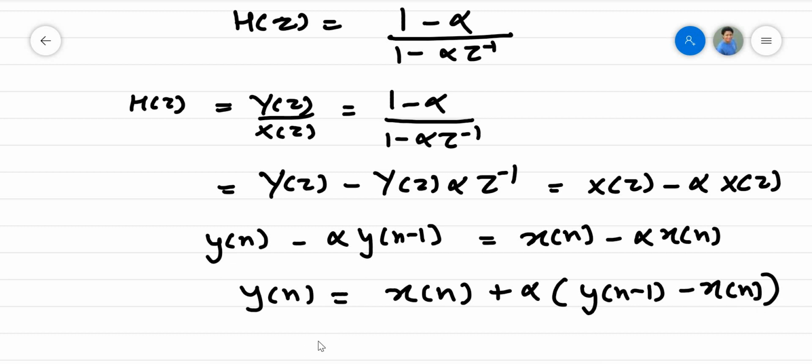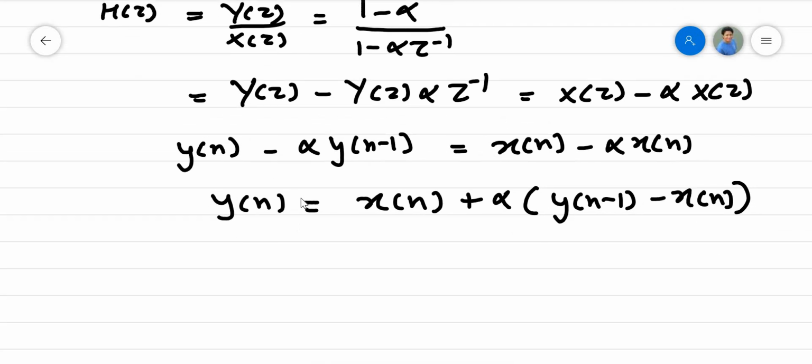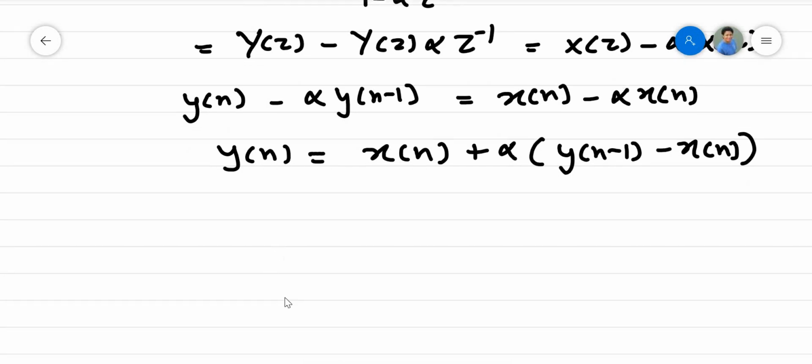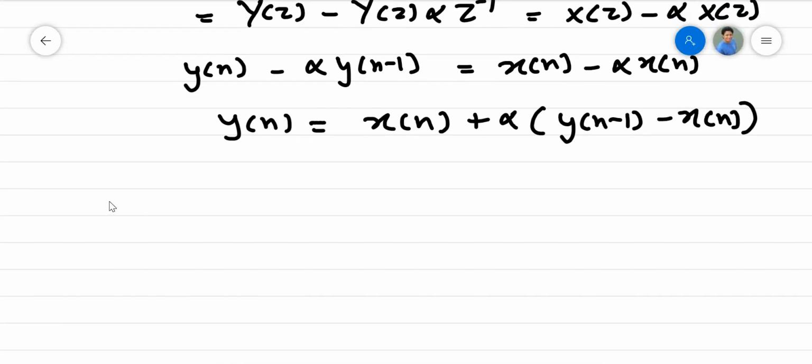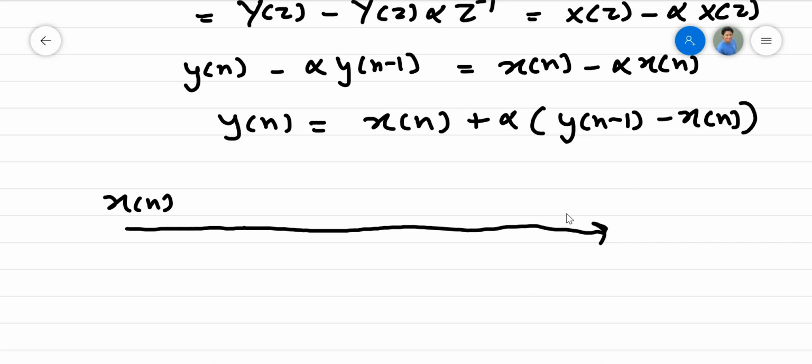Now we also want to realize this particular system. So we have an input signal x(n), and we obtain an output signal y(n).